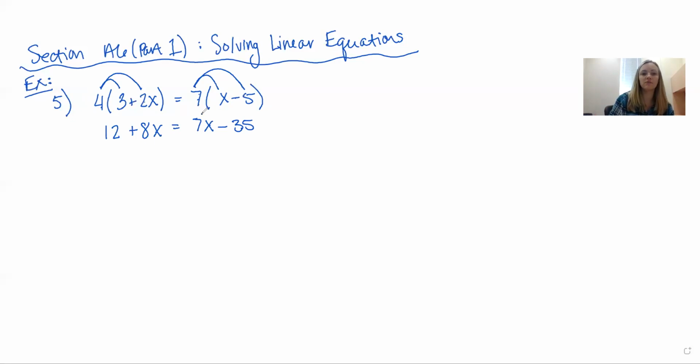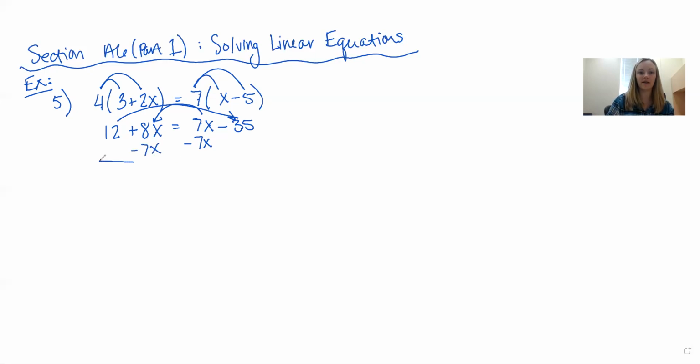I will, in general, move variables to the left and move constants to the right. So I'm going to start by moving the variable terms. We want to move the 7x to the left. Since we're moving that entire term, we're going to subtract 7x from both sides. You're only dividing when you're just getting rid of the coefficient.